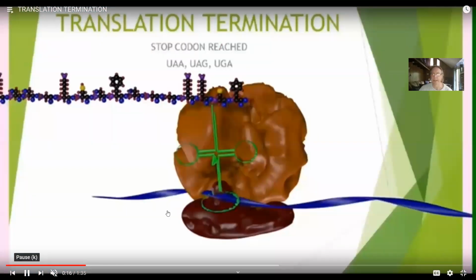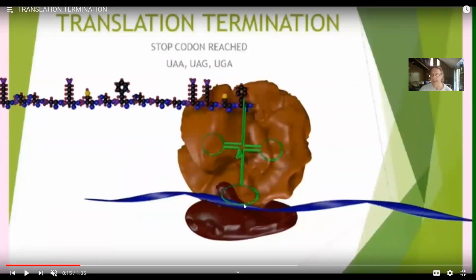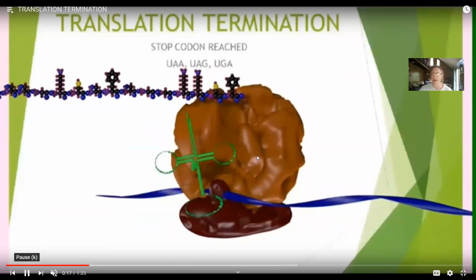So here is a tRNA whose anticodon matches this codon. But if this next codon is UGA, there is no tRNA which matches it. So the process will now stop, and the chain of amino acids is now finished as a protein.